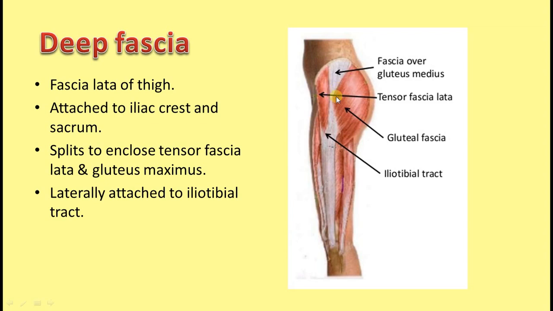Then deep to the gluteus maximus, intervening between this and the medius muscle, you also have another thickening, which is called the gluteal aponeurosis. So this deep fascia intervenes between the gluteus medius and gluteus maximus as the gluteal aponeurosis. So mainly the deep fascia is derived from the fascia lata of the thigh.